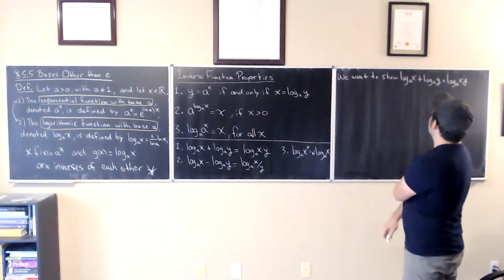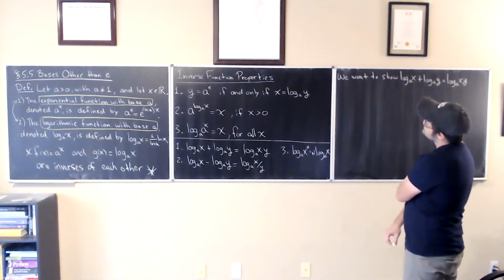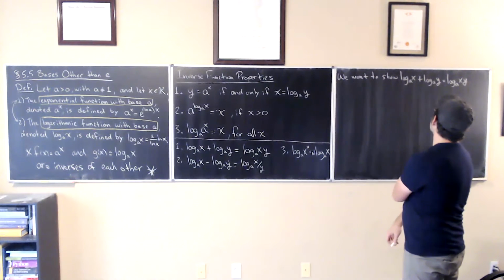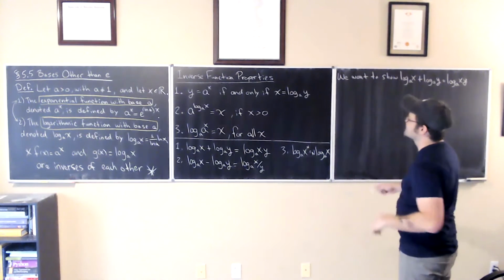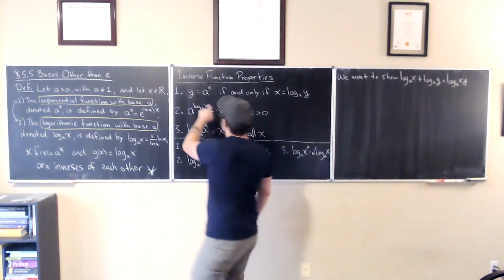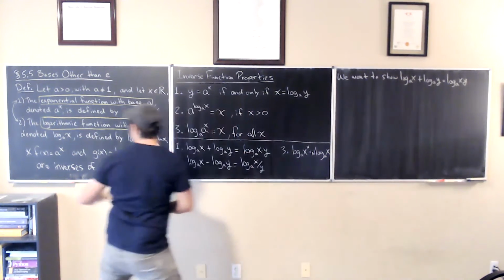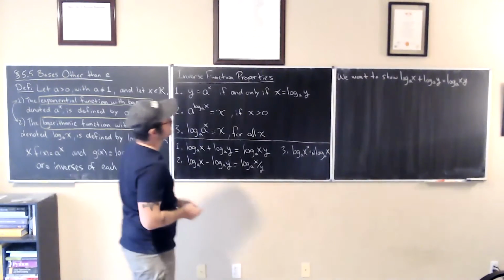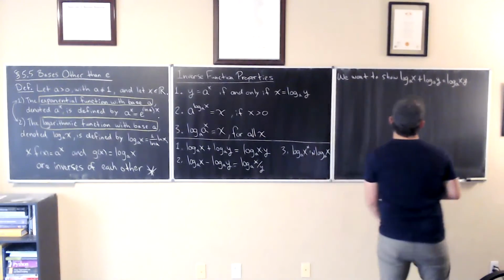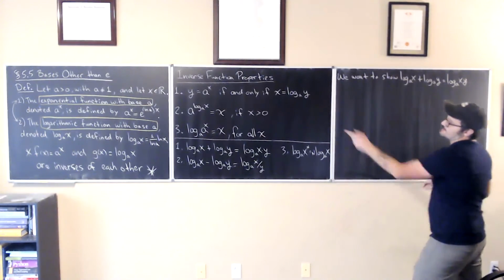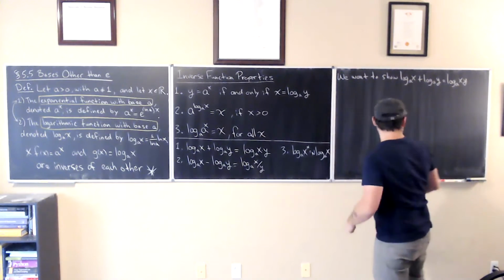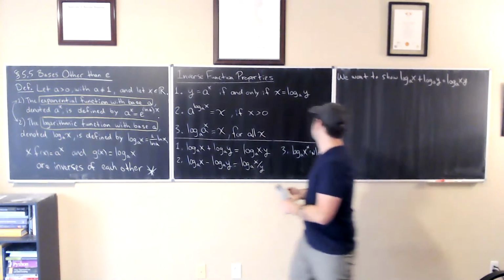So what can I say? Okay, I'm going to use this definition here. The x's and the y's might be throwing me off a little bit. What if I did this?